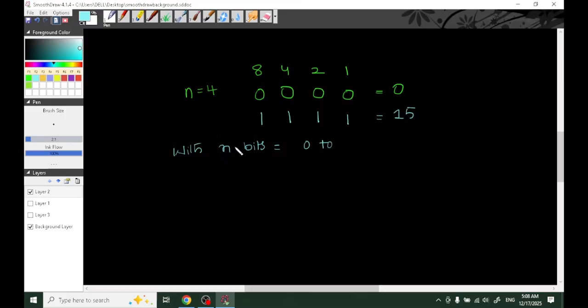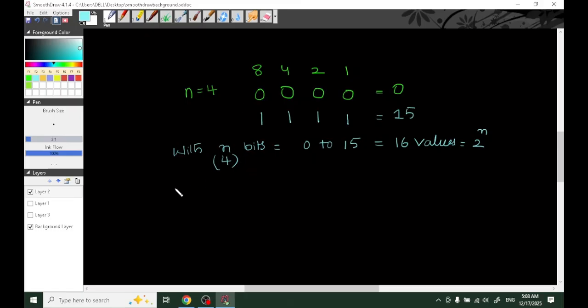If n is 4, 0 to 15 means a total of 16 values are possible, which is nothing but 2 power n. So with n bits, the maximum number of different numbers that can be represented is 2 power n.